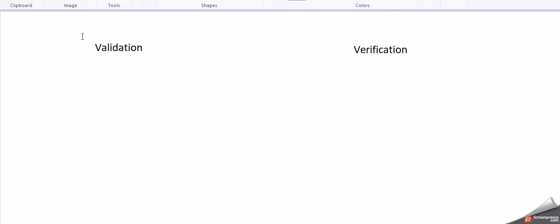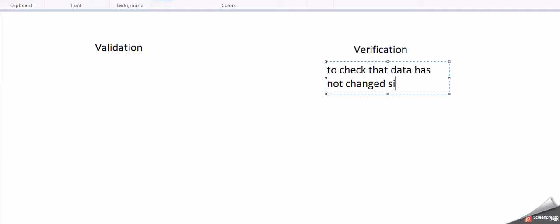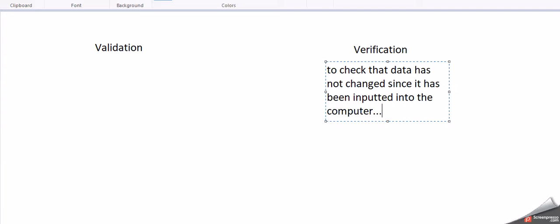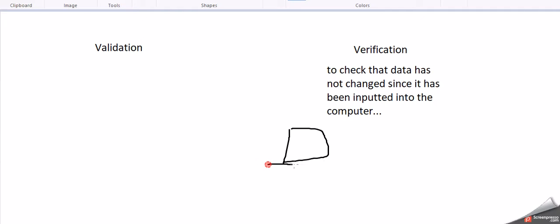Number one, let's talk about verification first. The whole point of verification is to check that data has not changed since it has been inputted into the computer. So let's say, for example, this is my computer and I type in my password once.